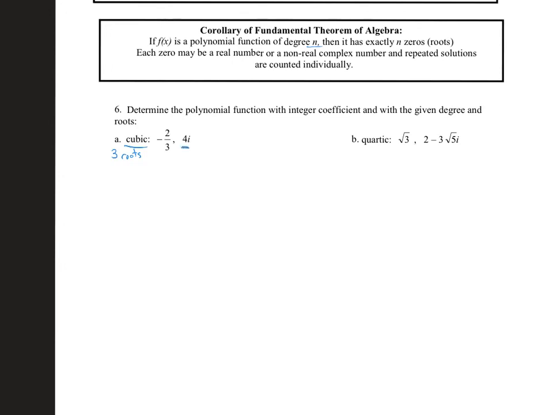Since 4i is a root, we have a missing root of negative 4i. We can think imaginary and irrational roots must come in conjugate pairs.